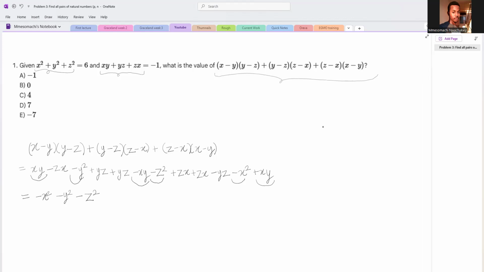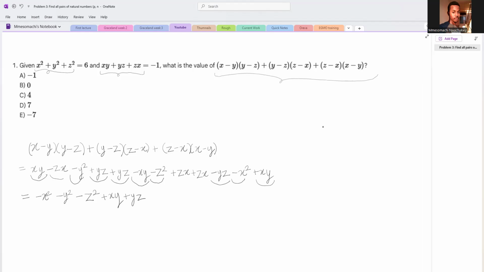So we can see something symmetric is going on. At this point, I could conclude that it's going to be plus xy plus yz plus zx, so the coefficients of each of xy, yz, and zx will be plus 1. But let's just do everything step by step. So this is going to be plus xy. Now we have plus yz plus yz minus yz, so this is going to be plus yz.